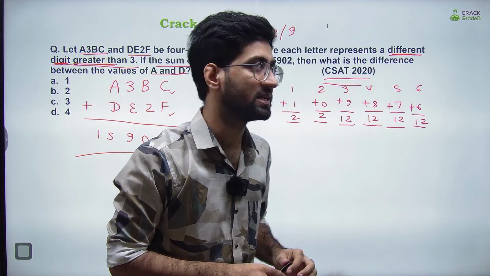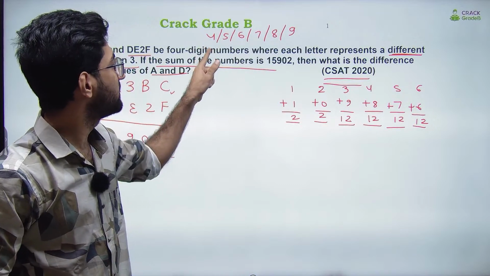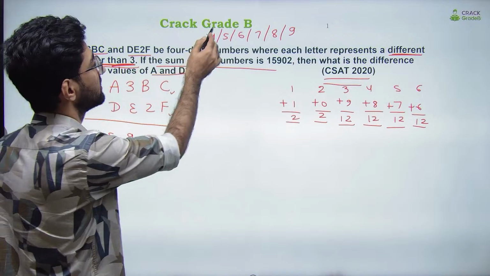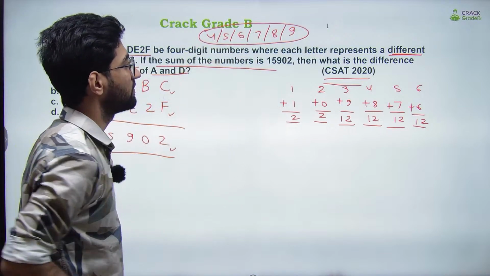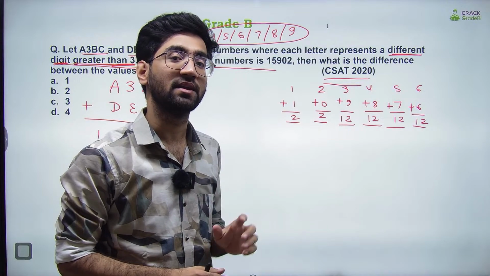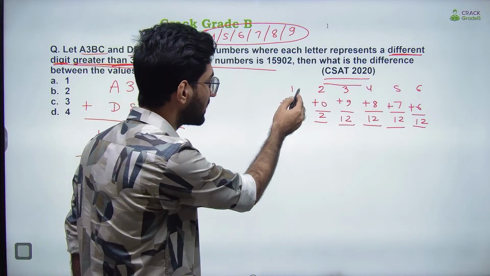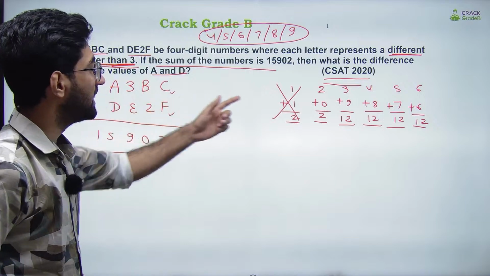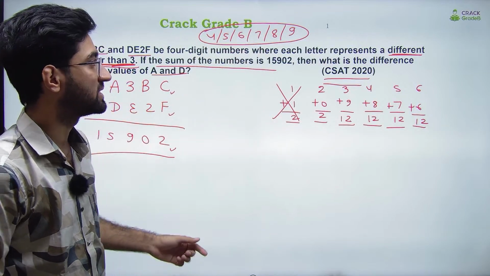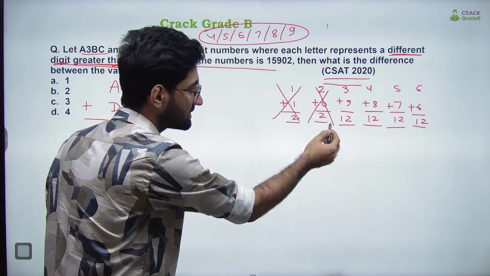But remember one thing, each letter represents a different digit greater than 3. Means the possible values for these letters are 4, 5, 6, 7, 8 or 9. Means you can't say that C and F can be 1 and 1. Why? Because the possible values are from this list. See, you also can't say this thing.